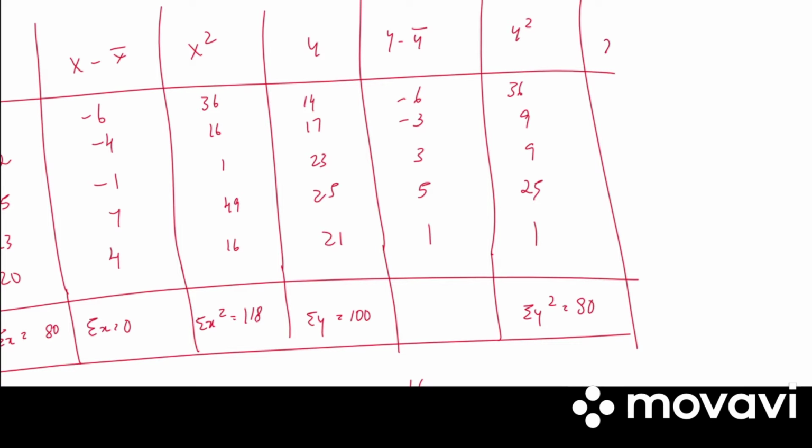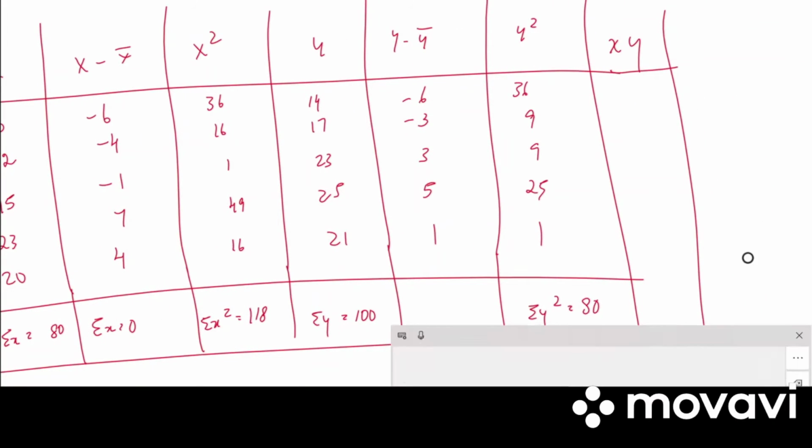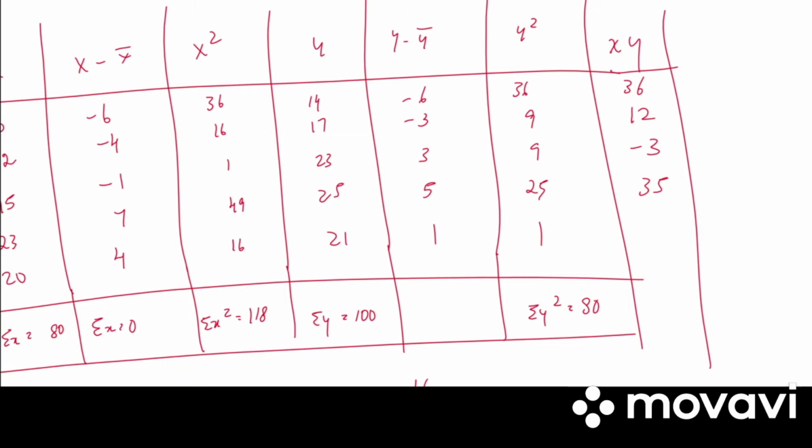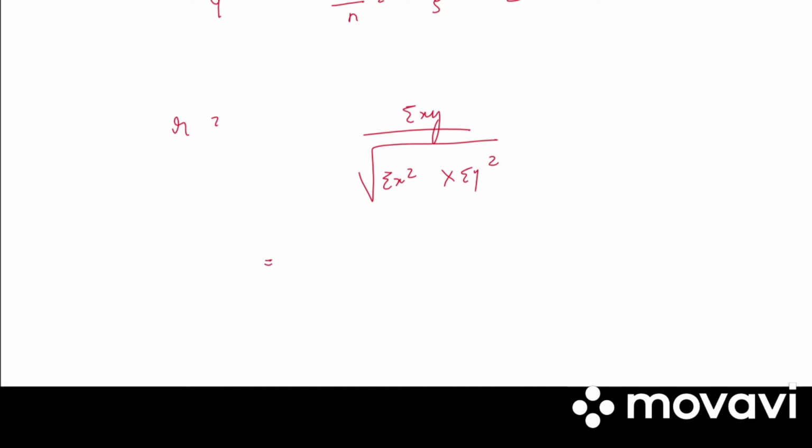So what is the total of summation y square? 80. Next it is summation x into y. So it is 6 into 6, 36, 4 3s are 12, minus 3, 35 and 4. So what is summation xy? It is 84. Next, r is equal to summation xy divided by root of summation x square into summation y square.